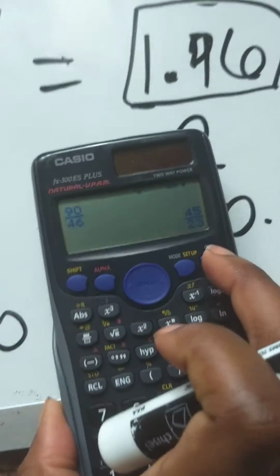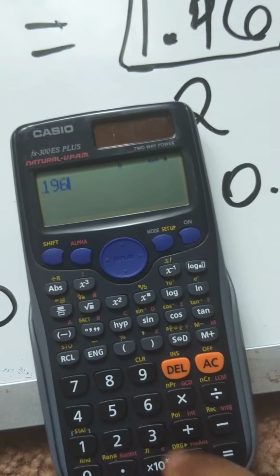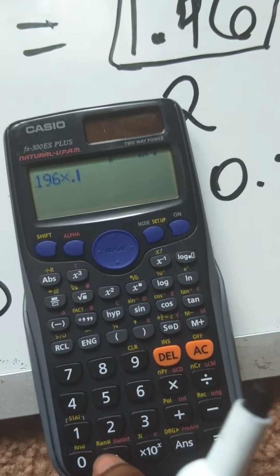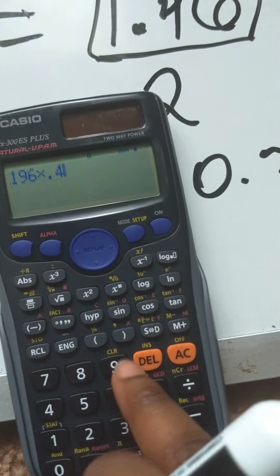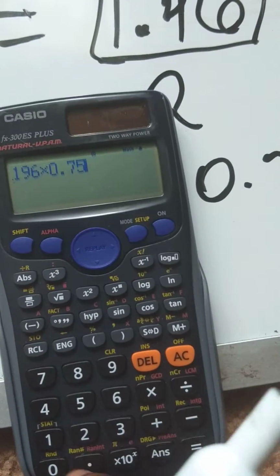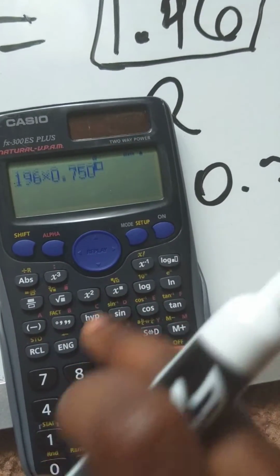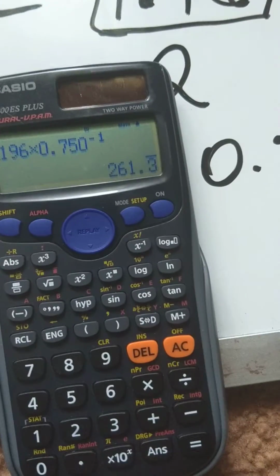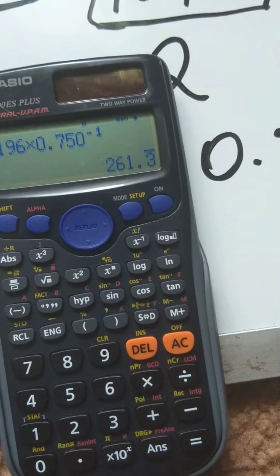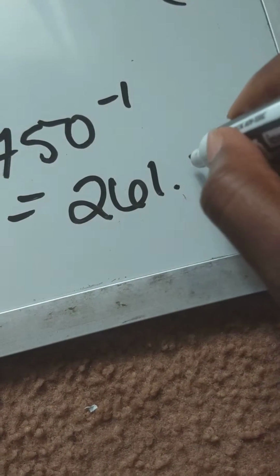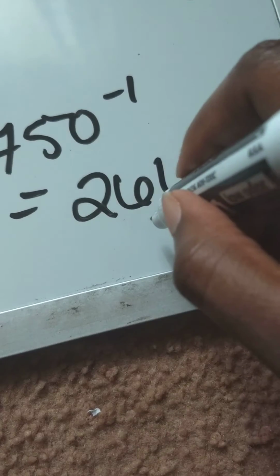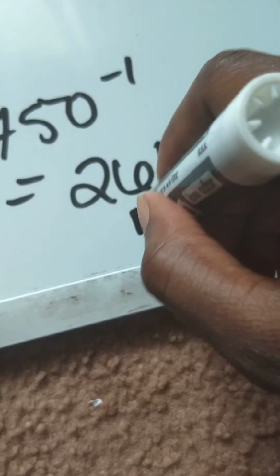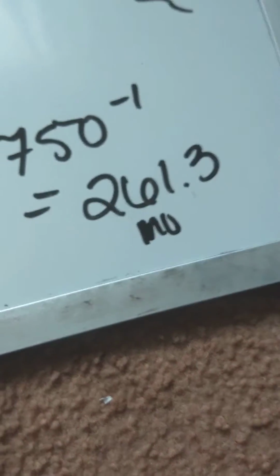Let's plug this into our calculator. We get 196 times 0.750 to the -1, which gives us 261.3 molarity.